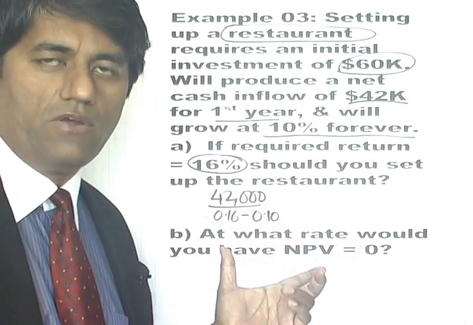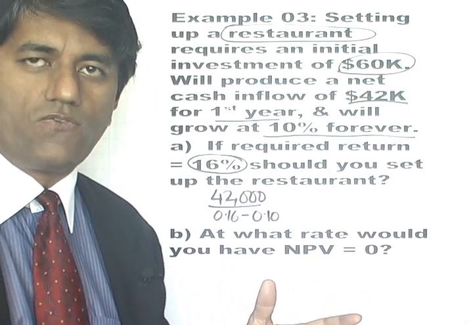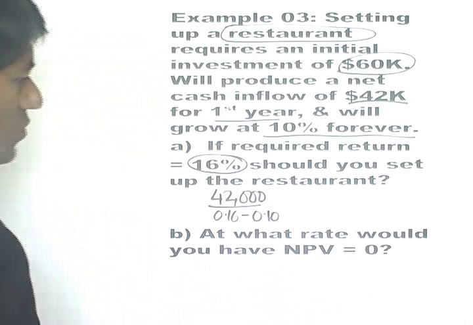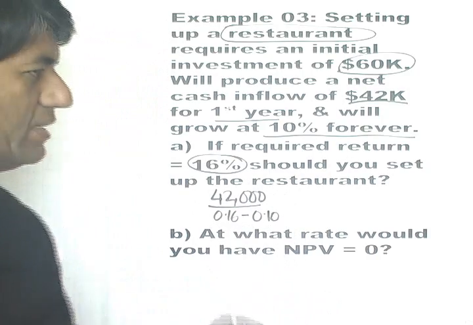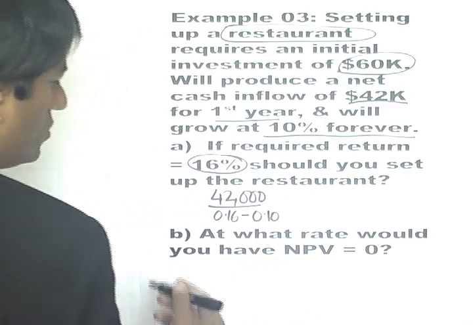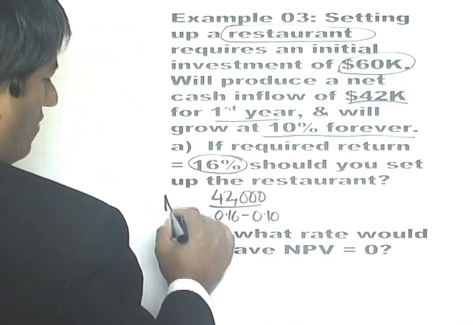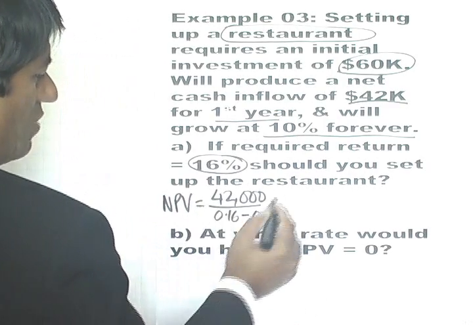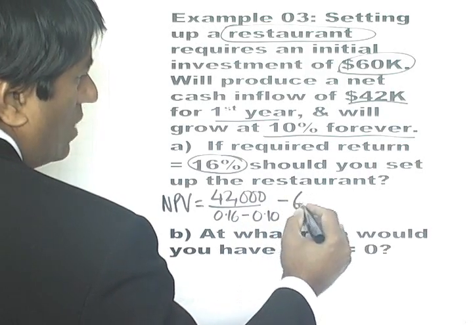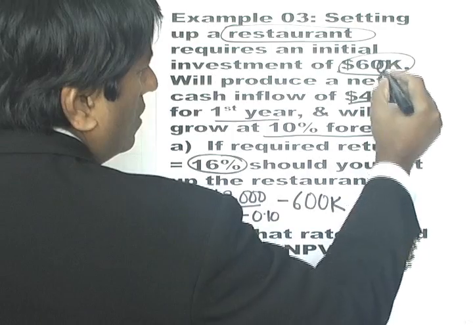So this is the formula for a growing perpetuity. It is cash flow divided by R minus G. So this is the value of revenues discounted back to today that this restaurant is going to produce. And then NPV will be the value of revenues minus costs, and costs were 60,000.